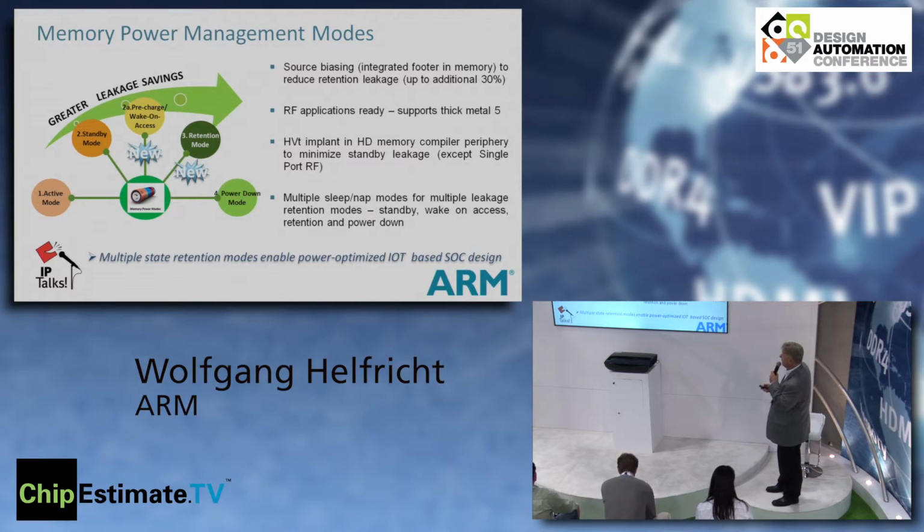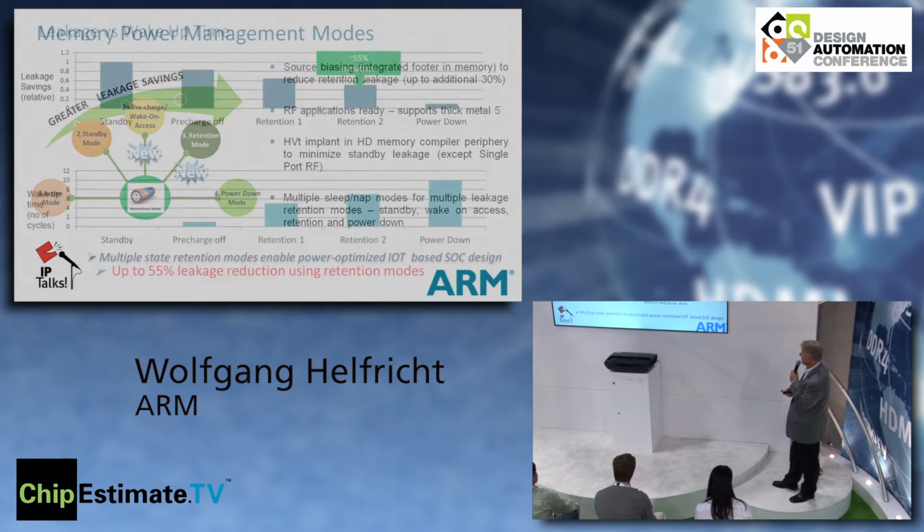You have the typical active mode, standby mode, wake up mode, retention mode, and power down modes. With each of these modes, you save much more power. What you pay is wake up time. So again, you have a trend and a trade-off to make between performance and low power.